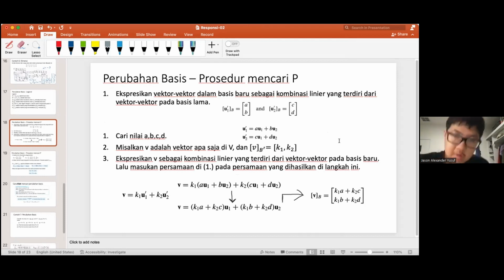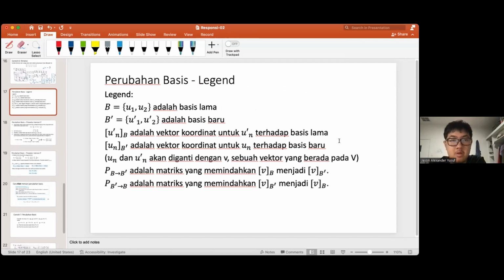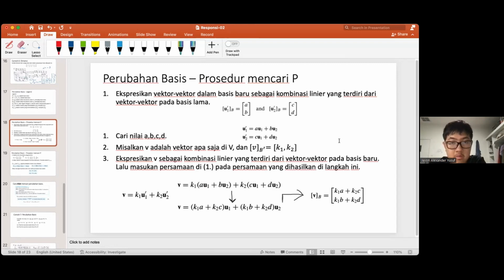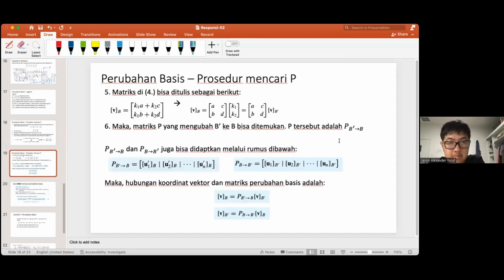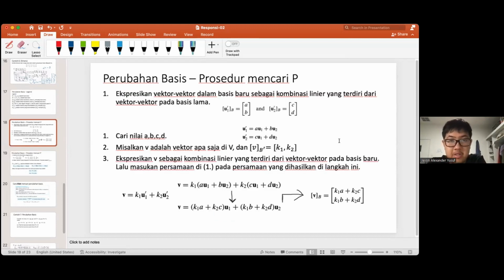So the first thing that we should do, let's say we want to convert an old basis to a new basis, is to express the new basis as a linear combination of the old basis.